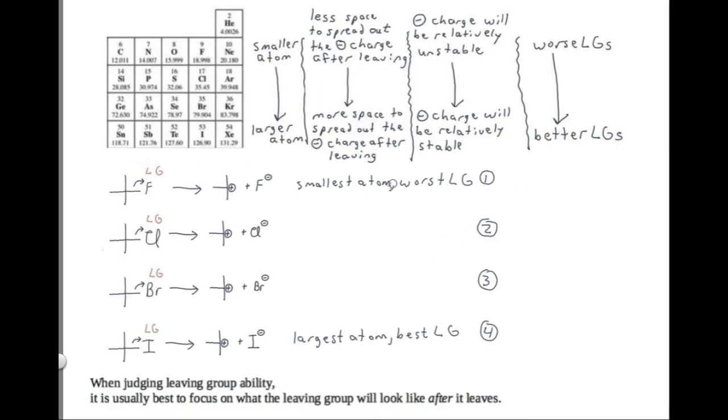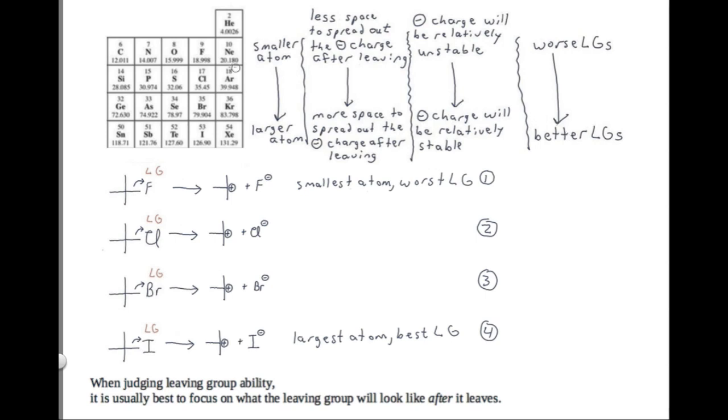So now we have our understanding. Larger atoms are better leaving groups because a larger atom is better able to stabilize its negative formal charge after it leaves, and that makes it easier for the larger atom to leave in the first place. Here is that logic summarized. As we move down a column in the periodic table, leaving group ability improves.